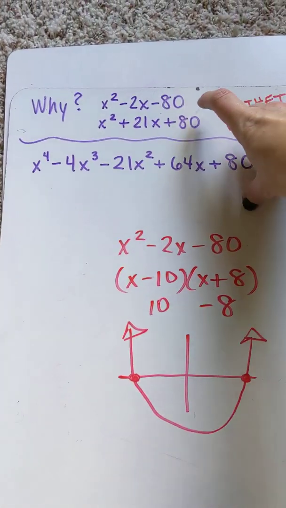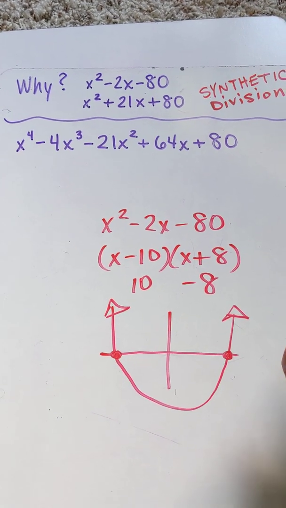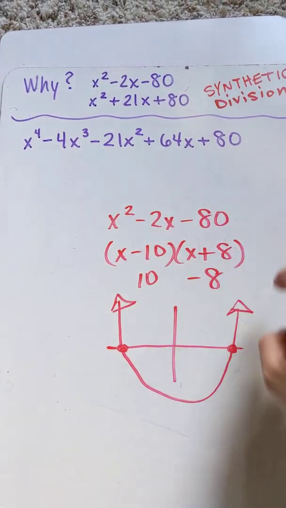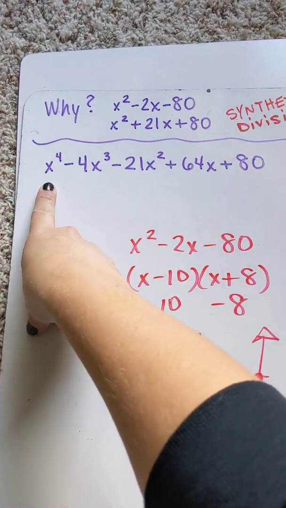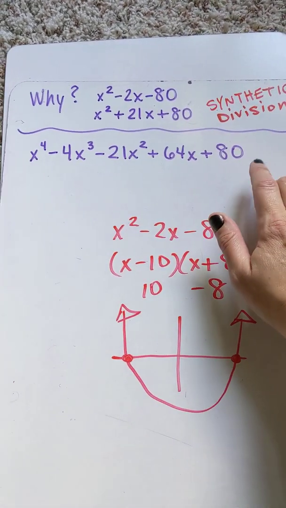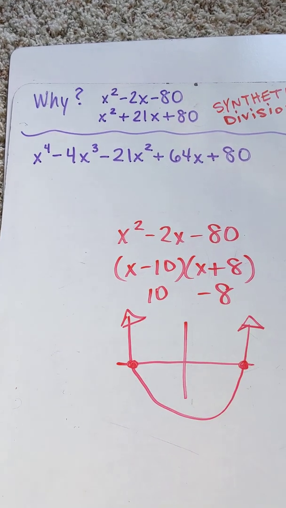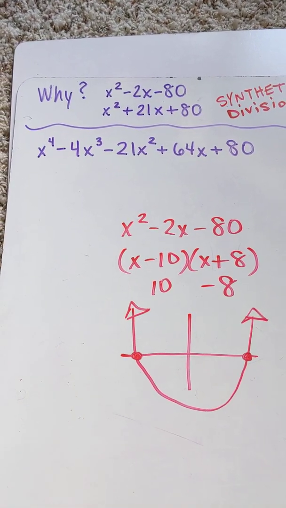Okay, so we knew that we had to multiply some numbers to get to 80 in order to find our answers for this. But when you have a problem like this, x to the fourth, and then all this polynomial, it still ends with an 80. We're still looking for numbers that would divide nicely into 80.